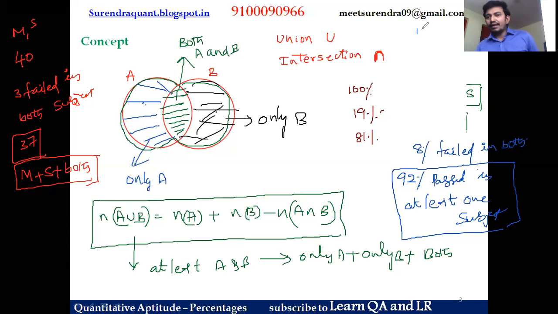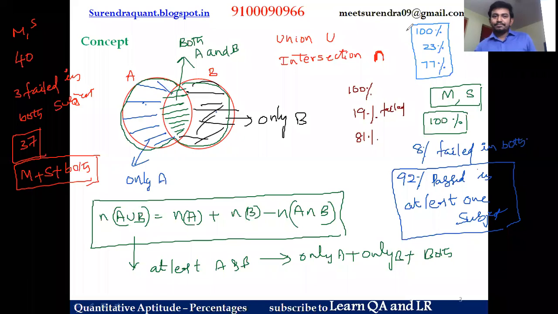If I say 100% people take the test, if somebody says 23% failed in both, that means 100 minus 23, 77% pass in at least one of the subjects. So that 77% may be representing only one subject passed or both subjects passed. Understood the introduction of Venn diagrams? Now it is better to go for simplifying the questions, right? If you do 7-8 questions on this, you can easily understand the pulse of solving the question, right?